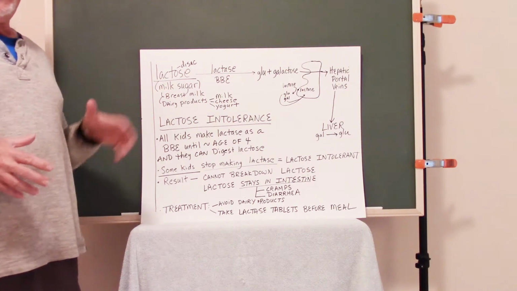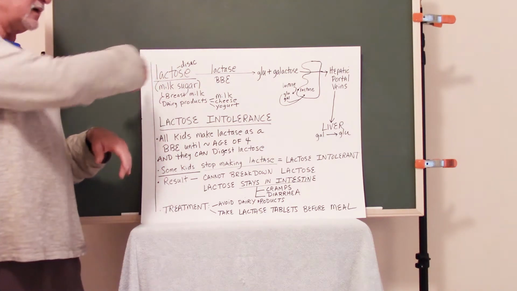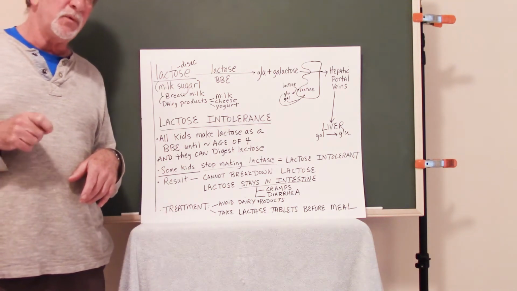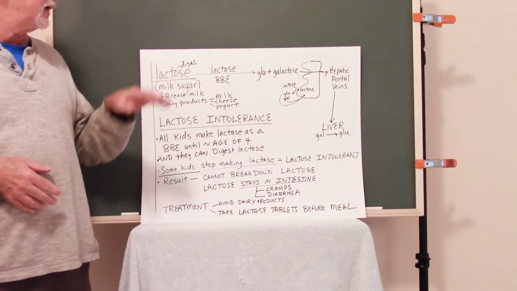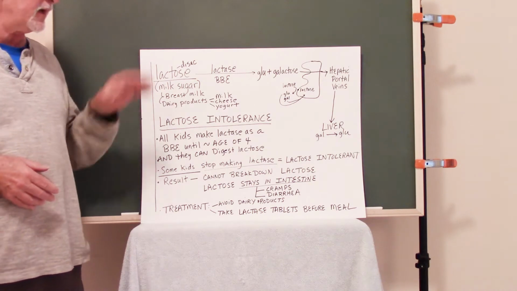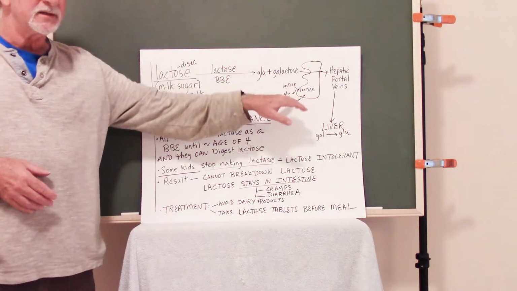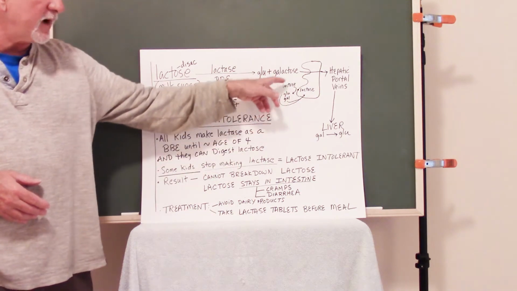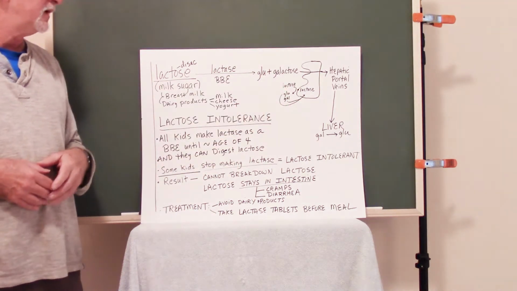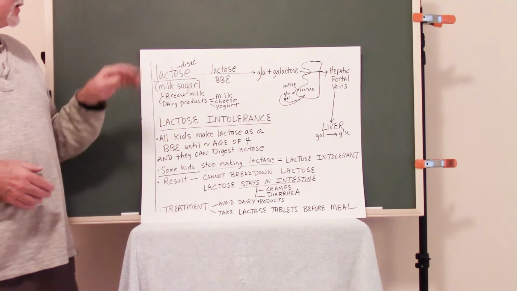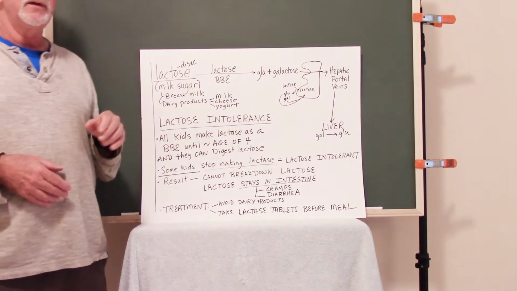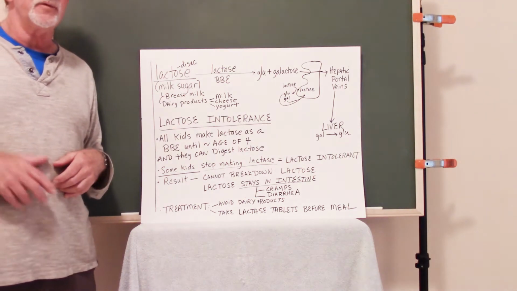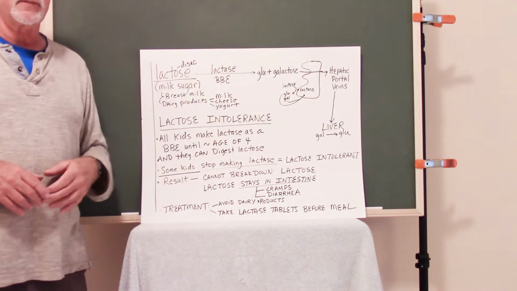So it turns out that lactose, as a disaccharide, is broken down by a brush border enzyme called lactase. And that means that lactase is embedded in the microvilli of these epithelial cells. That's actually where the reaction takes place. So lactase breaks down lactose to two monosaccharides, glucose and another one called galactose.